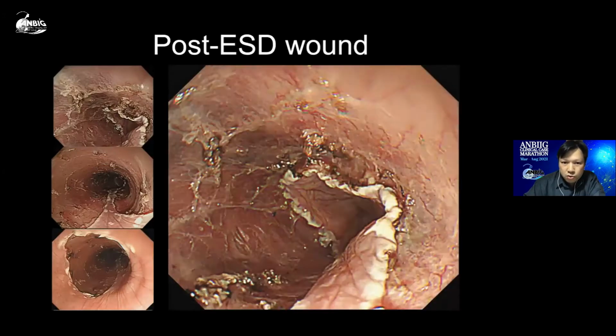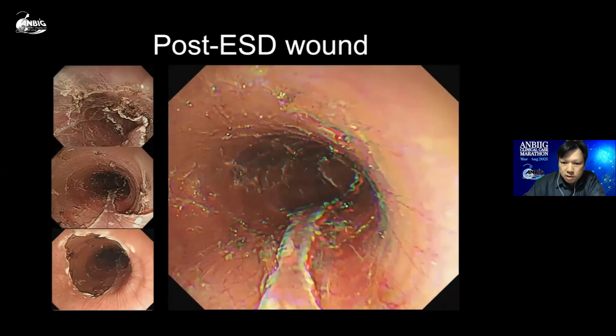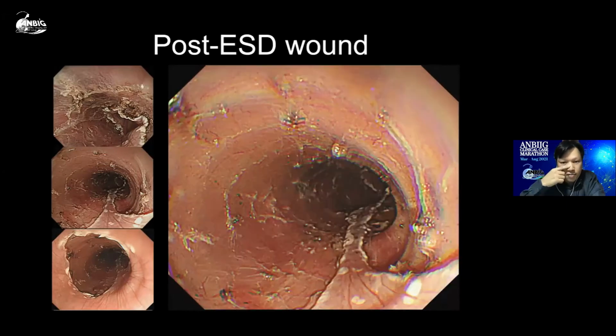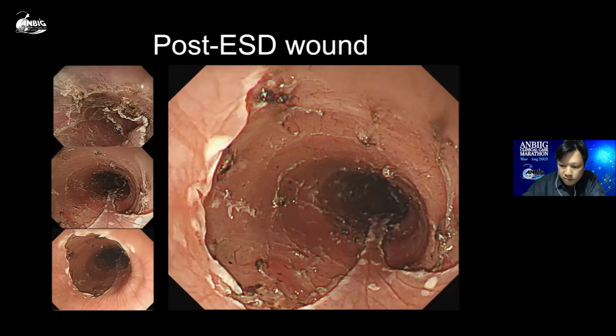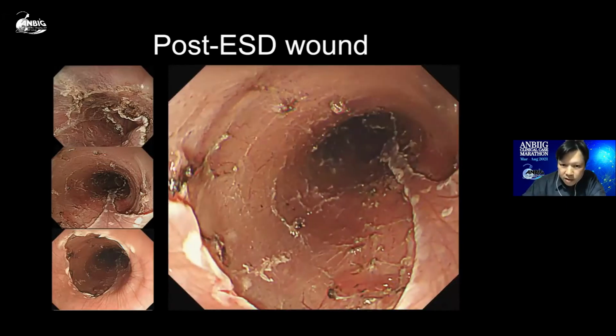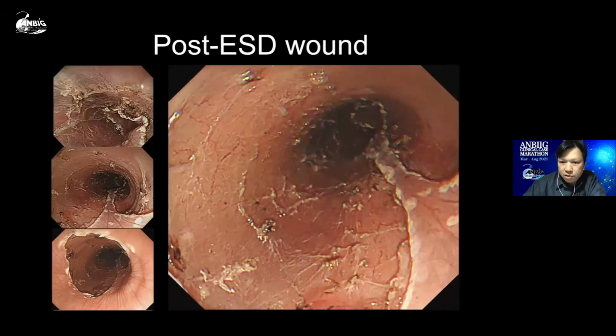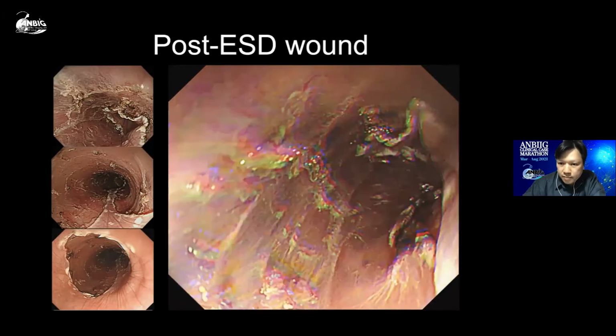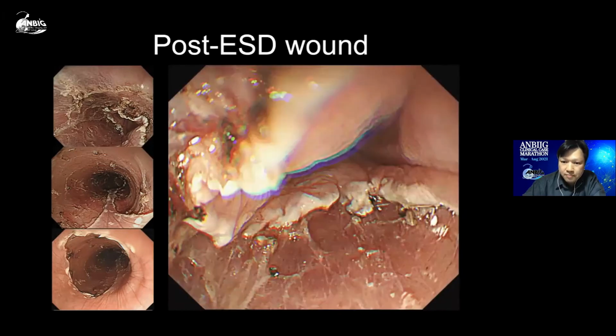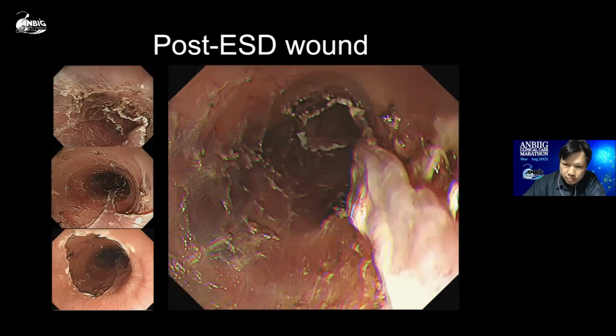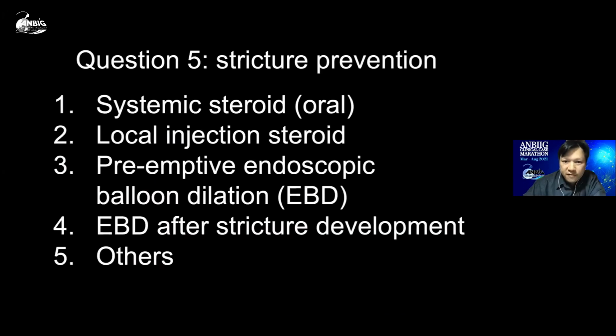So I will show you the post-ESD wound. You can see a very extensive wound after the ESD, so the risk of stenosis will be high during the follow-up. The final question I will ask: will you consider giving stricture prevention?